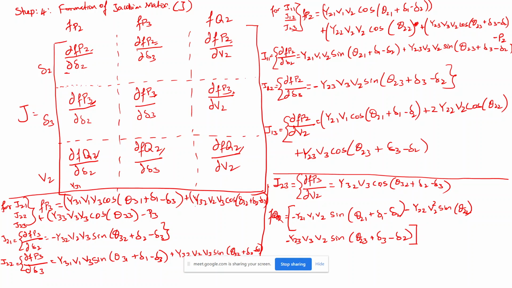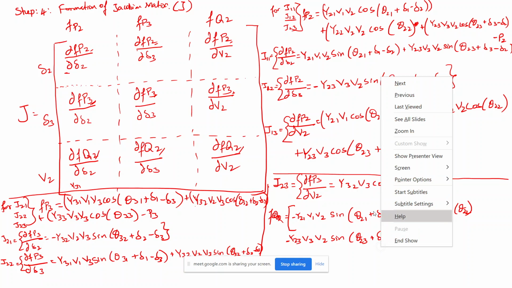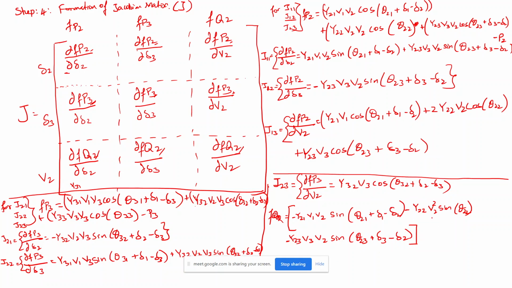If you see this, there are two places where we have del 3, right? Here only we are having del 3. We don't have del 3 here, we don't have del 3 here, but we have del 3 here. So only I will get this, others will get cancelled.